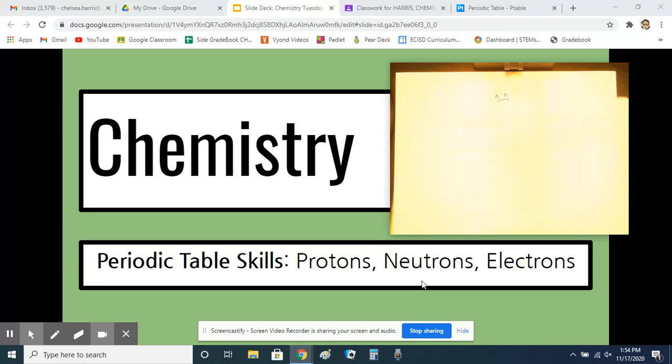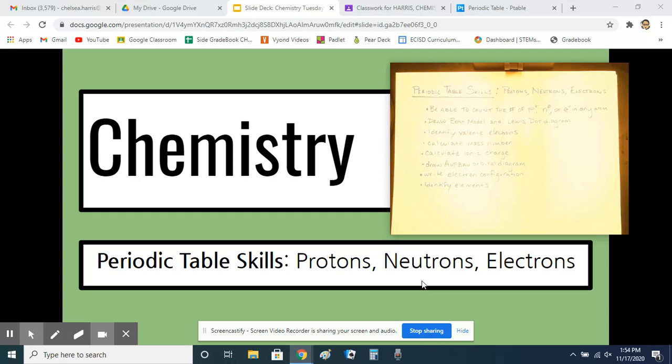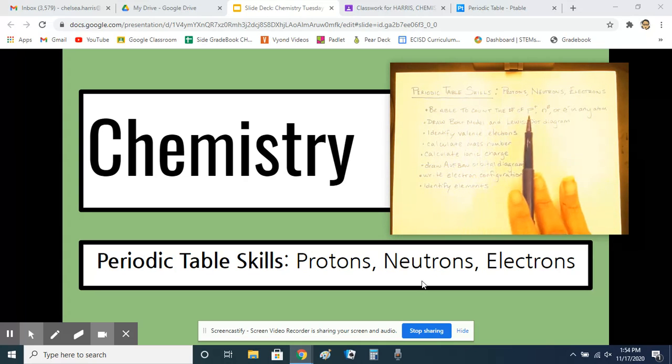So here are some of the things that we're hoping to cover in this series, and they all go together. We're going to start with being able to look at the periodic table and count the number of protons, neutrons, or electrons in any atom. You also want to be able to then draw what's called a Bohr model or a Lewis dot diagram for any element.